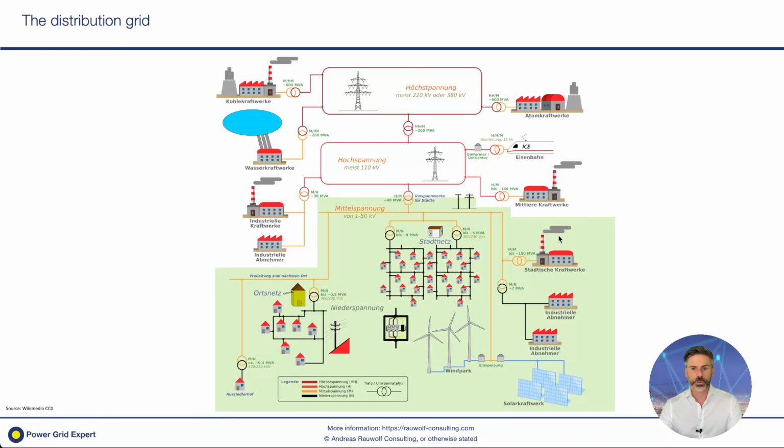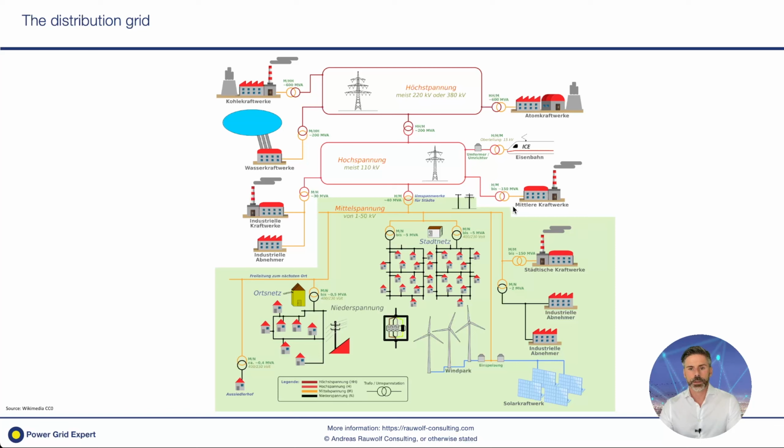The distribution grid is marked here with a green background. So normally we start to call it distribution grid from the power transformer coming from high voltage to medium voltage.